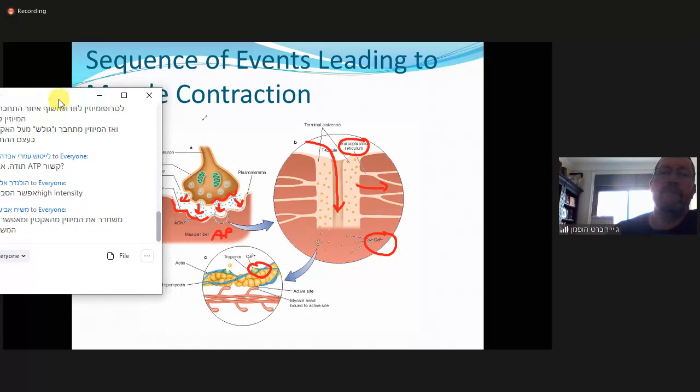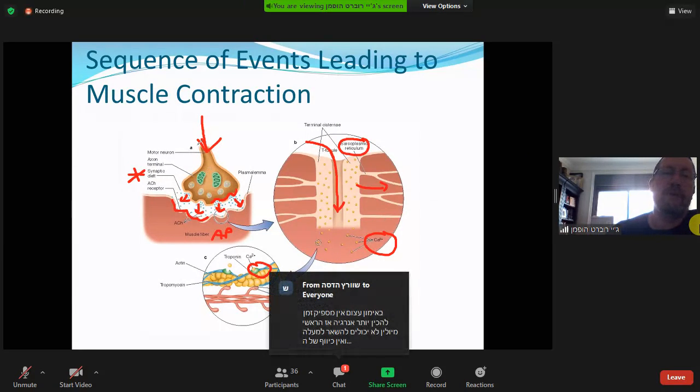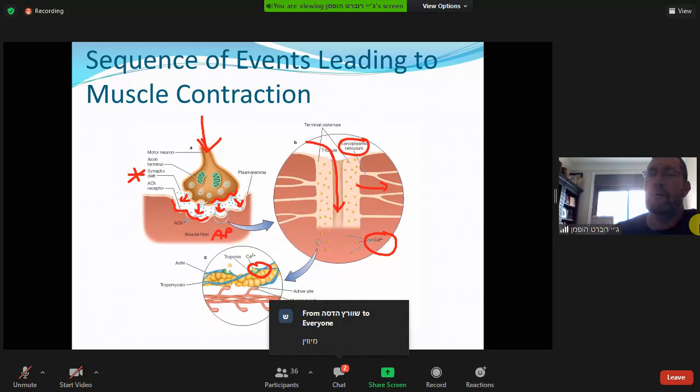So again, as the nerve cell carries the message that we want contraction, maximum potential is reached, and the vesicles that contain the neurotransmitter move towards the edges of the presynaptic membrane. They're released through the process of exocytosis that we talked about.